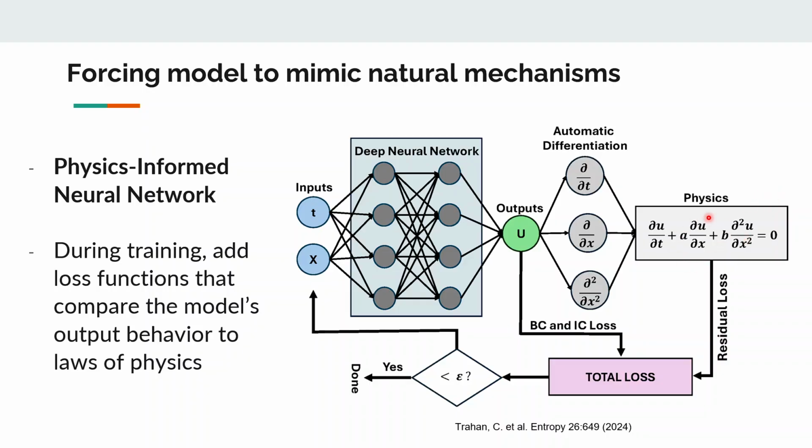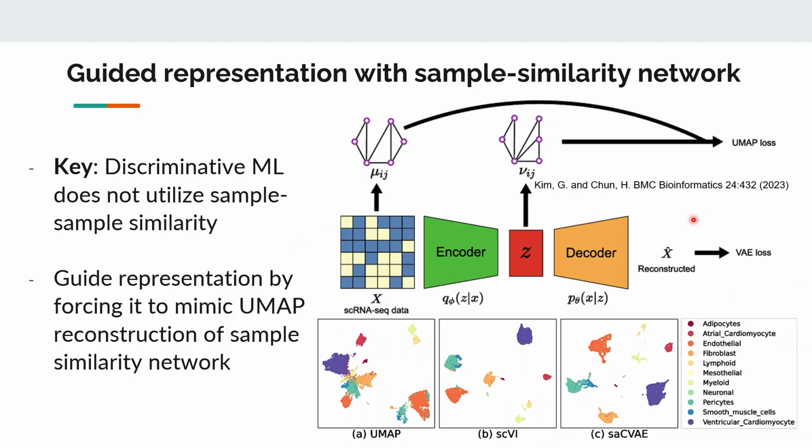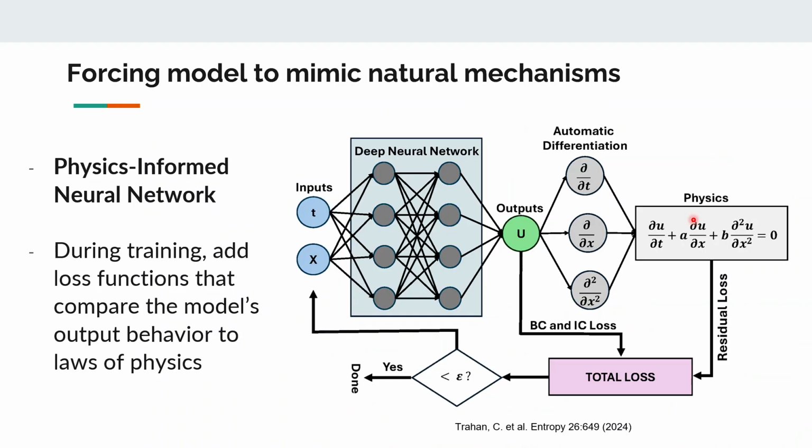People can use this as a constraint on the model: if the model is trained and this output u doesn't follow this law of physics, there is going to be some penalty. If the penalty is high, the model is going to update itself to better match this law of physics. So we can encourage the model to follow some known mechanisms or known laws. We can also guide the model indirectly. So this is guiding by the actual law that we know.